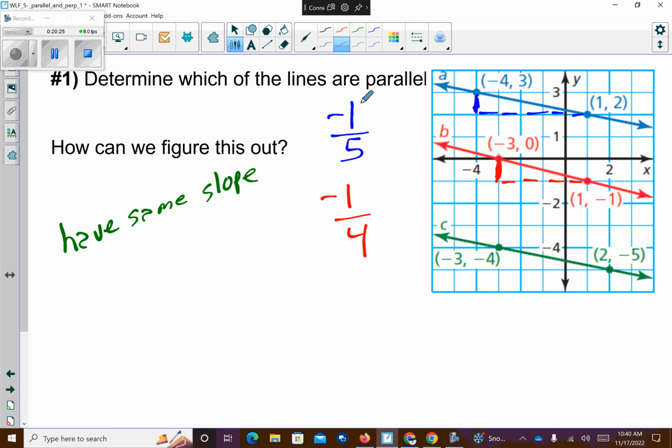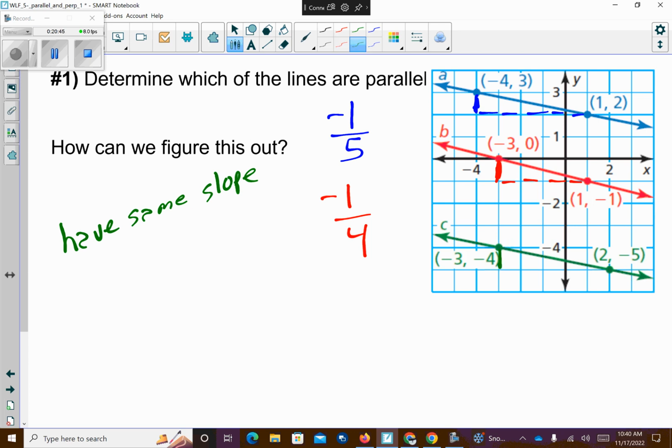Hey, is negative 1 over 5 and negative 1 over 4 the exact same number? No. So what can you tell me right now with certainty about the blue and the red line? They're not parallel.